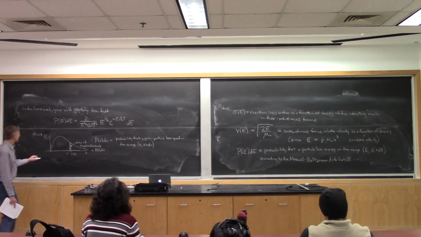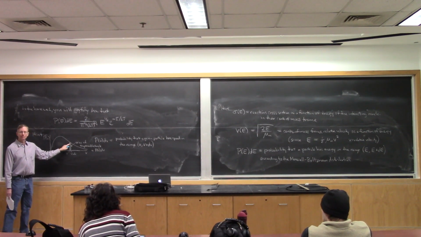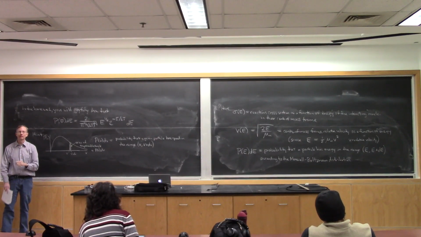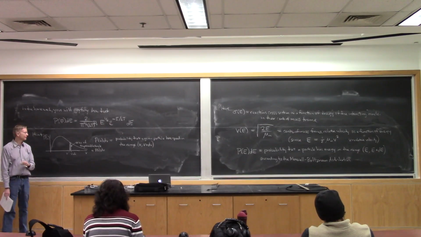It would really be the area of that little rectangle right there. But as the rectangles become smaller and smaller, you're making the Riemann approximation for the integral. Y'all know what I'm talking about? Is that making sense, that basic idea there?